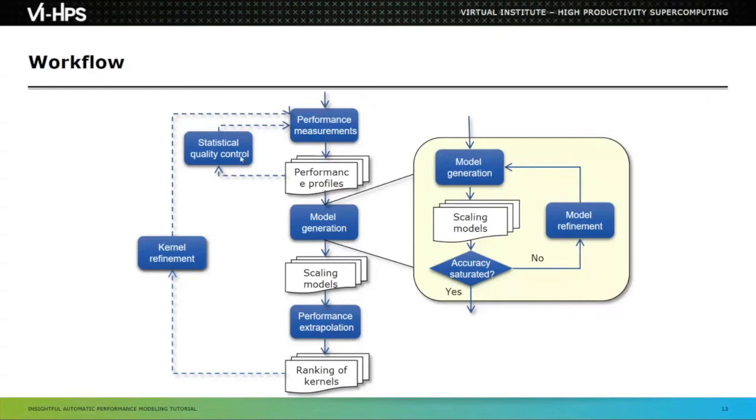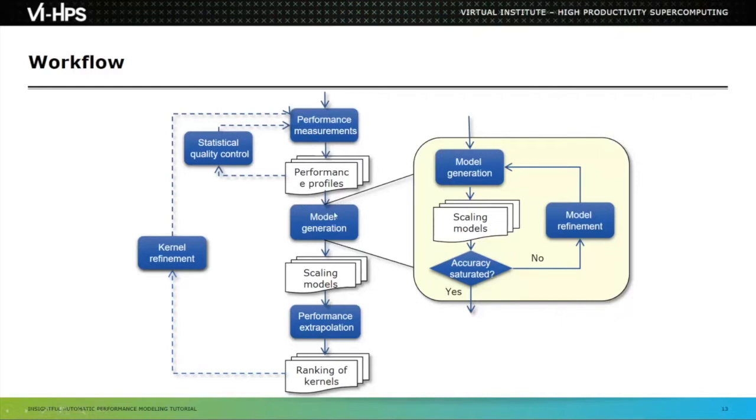Do we get roughly the same values, for example, runtime, for identical application configurations, or do we have already a huge variance that could mean that we have a lot of noise? And then maybe we could take even more performance measurements, or for example, we could identify outliers, take them out, and then use our performance data for modeling, which in the end will also result in better models.